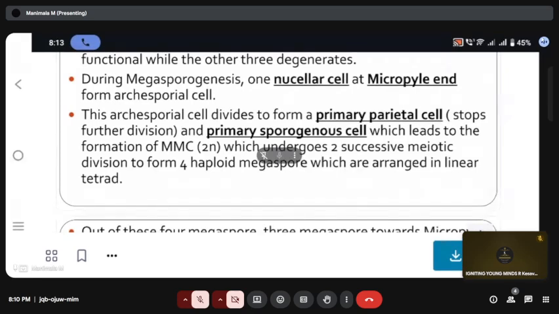And the sporogenous cells act as the megaspore mother cell.